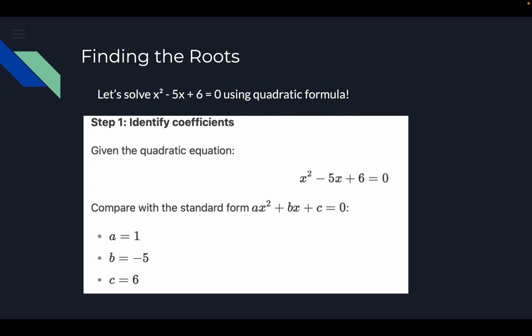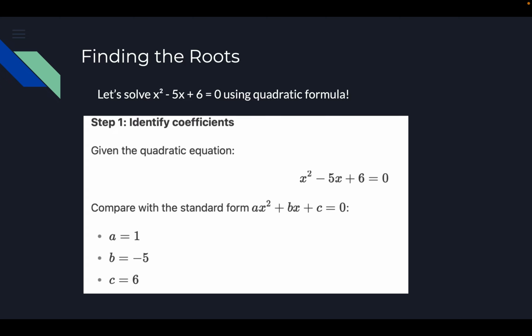Now let's solve the same equation using the quadratic formula. We write the equation x² - 5x + 6 = 0. As step 1, we identify the coefficients by comparing with the standard form ax² + bx + c = 0.